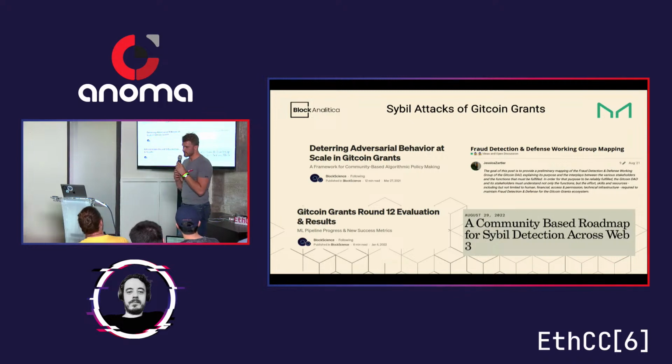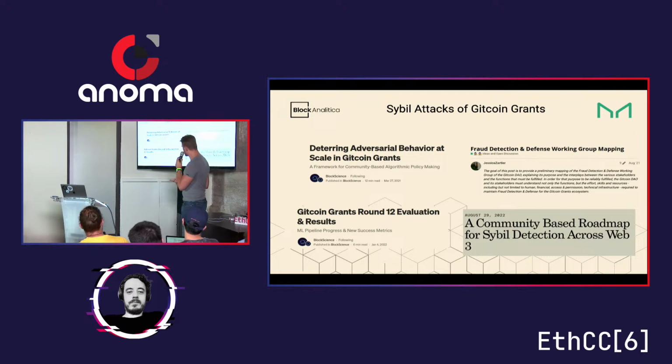Then we have Sybil attacks. The aim of Gitcoin grants is essentially to provide a credible, neutral way of public goods funding in the Ethereum ecosystem, and they do that with the mechanism of quadratic funding. Because of the quadratic funding, they want to approximate the preference of the community for donating to different projects as closely as possible.